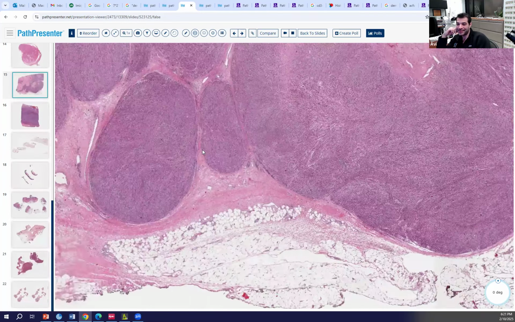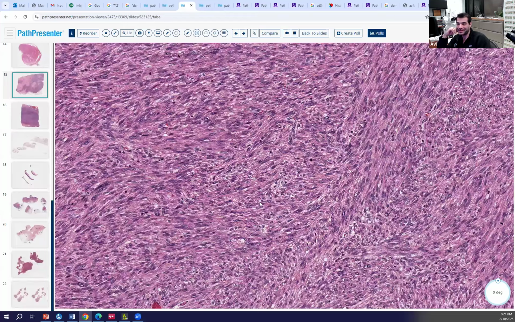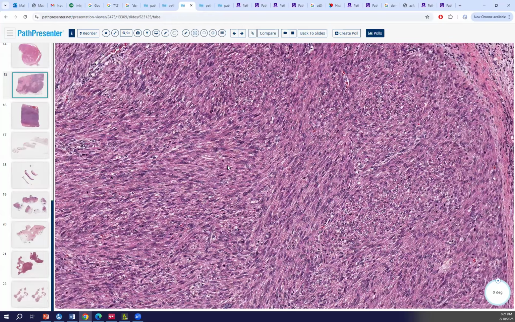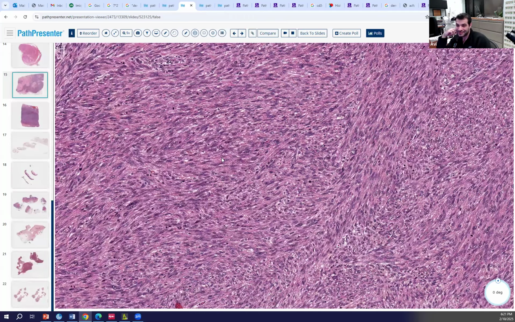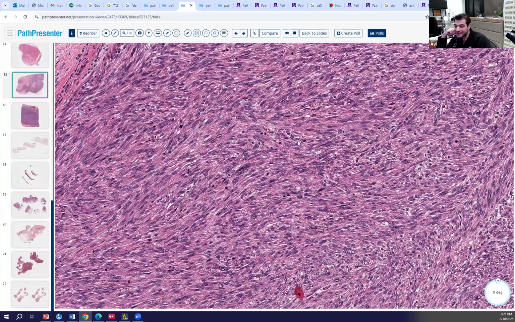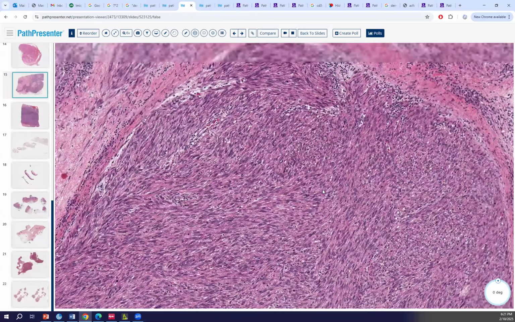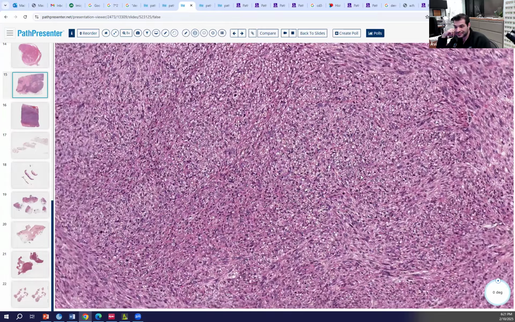High power on the hypercellular areas has what type of appearance? Spindled, okay. Growing in what kind of pattern? Storiform. Well, storiform is like a cartwheeling pattern.